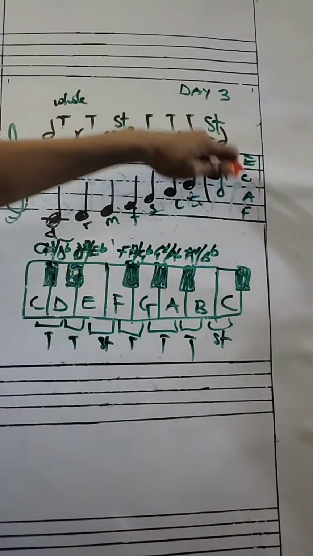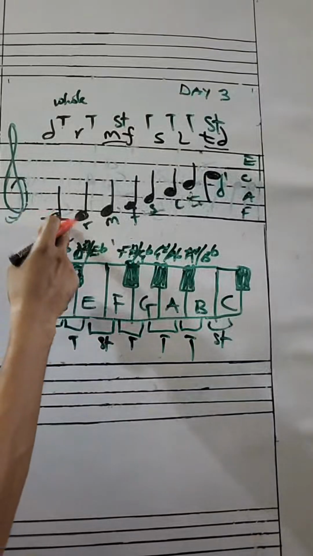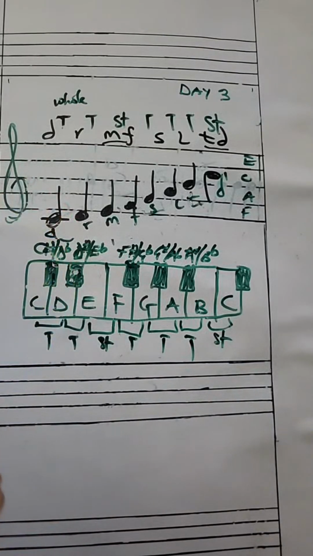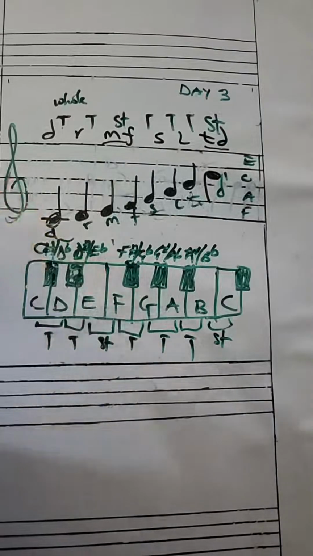Your do is in the third space. Your ti is on the line. So you just count it that way. Once you know, this thing is not really difficult. If you know where your key is, that is the tonic. First of all, you have to know where your tonic is. Your tonic is the first note of the scale.